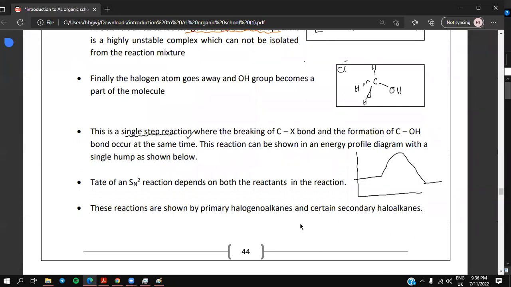And I can draw a hump like that. Here we have reactants, here products. And over here, we have the transition state, TS. The transition state is on top of this graph.